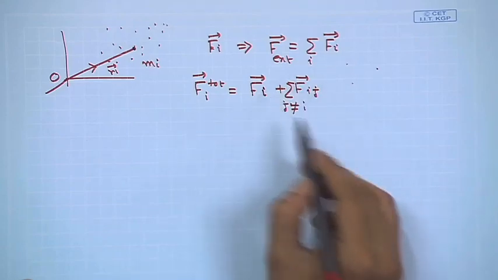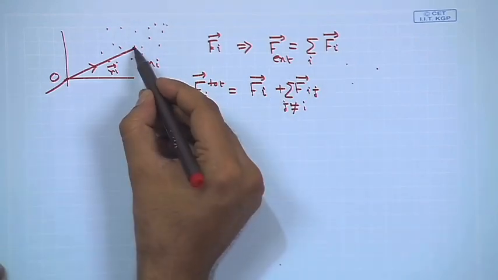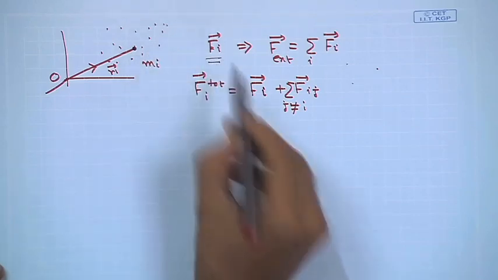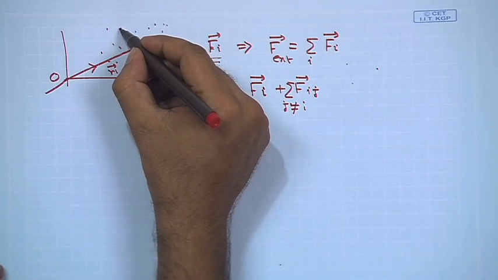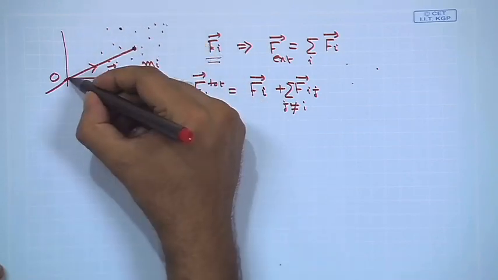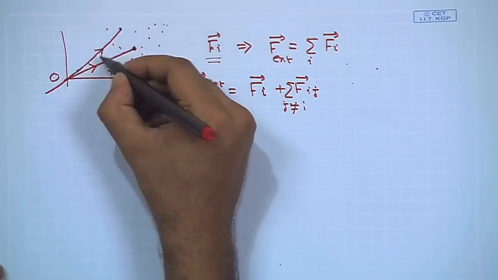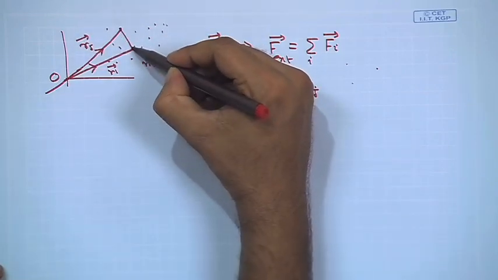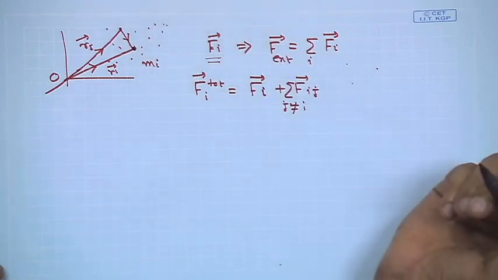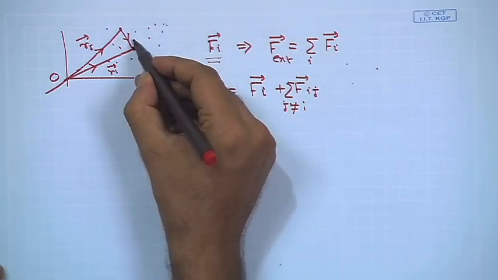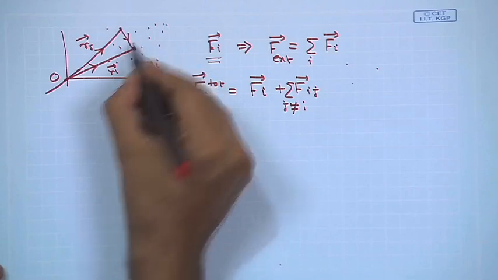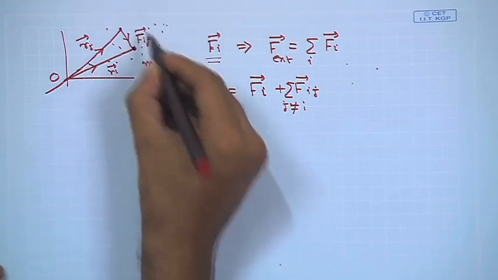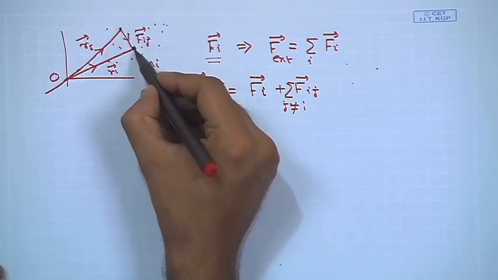What does it mean? The second term: this particle is experiencing an external force given by this value, but also, let us say this is the jth particle, which has a position vector of r_j. They are interacting with each other along this particular line, and the force of interaction is given by F_ij.